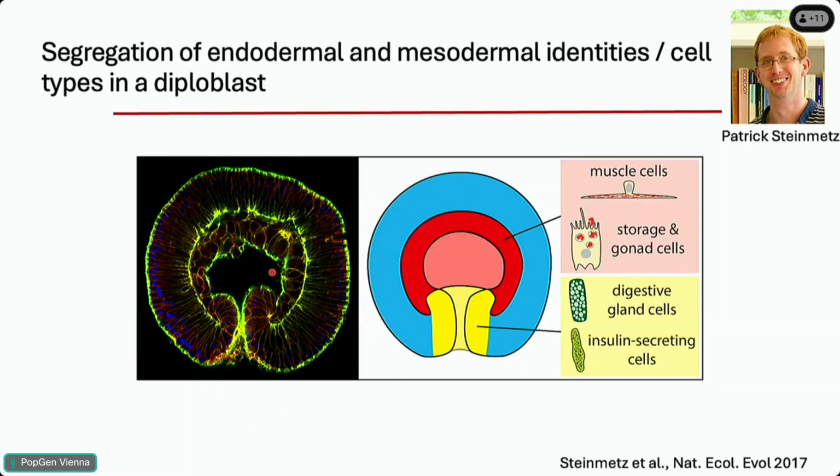And it turned out that many of these genes, of the endodermal marker genes from bilaterians, we find really expressed in what gives rise to the pharynx.